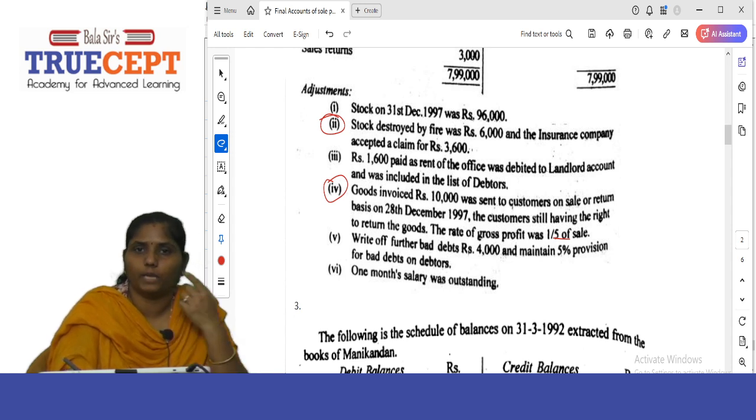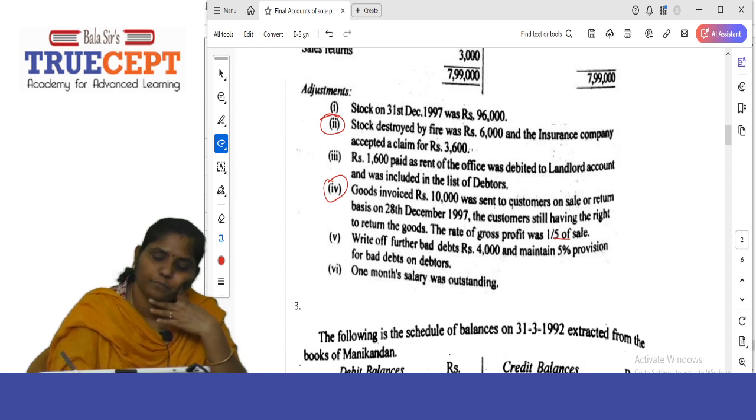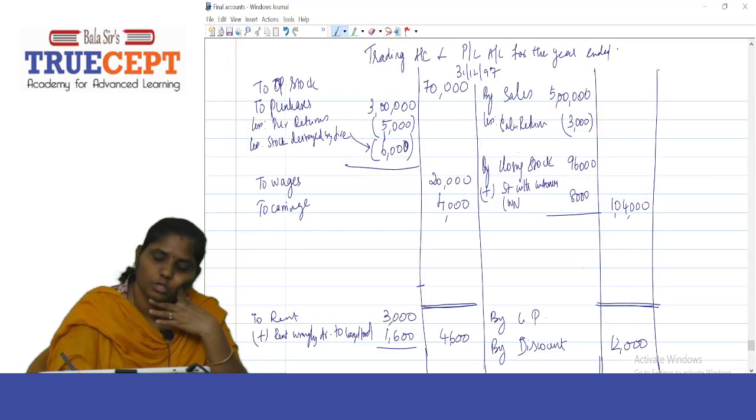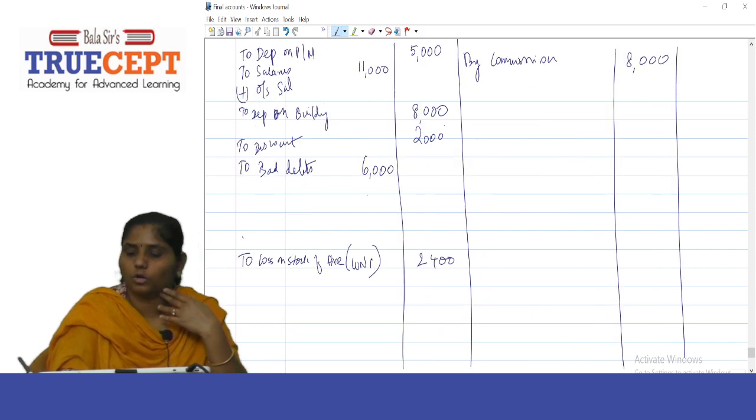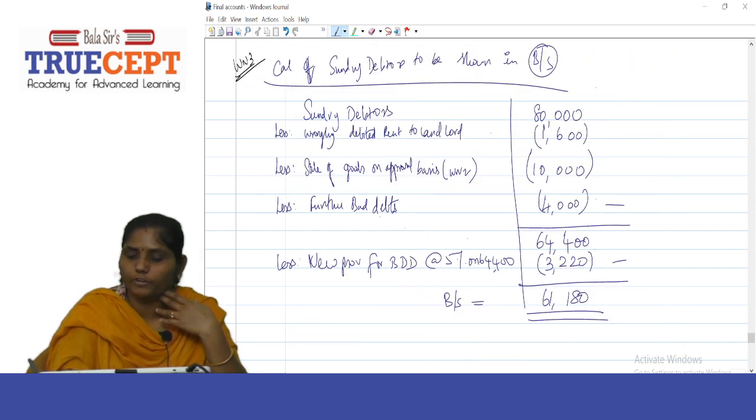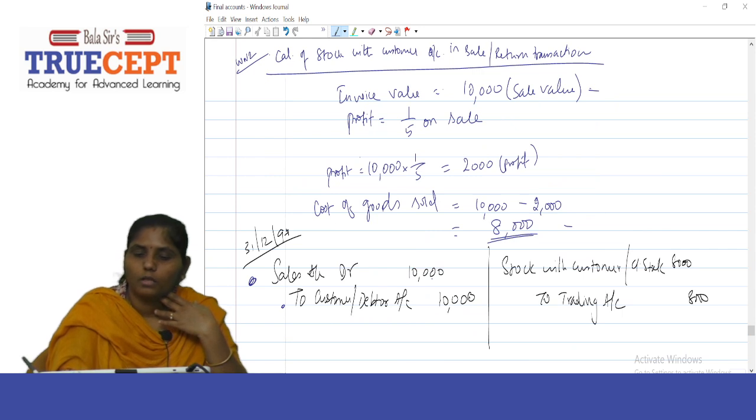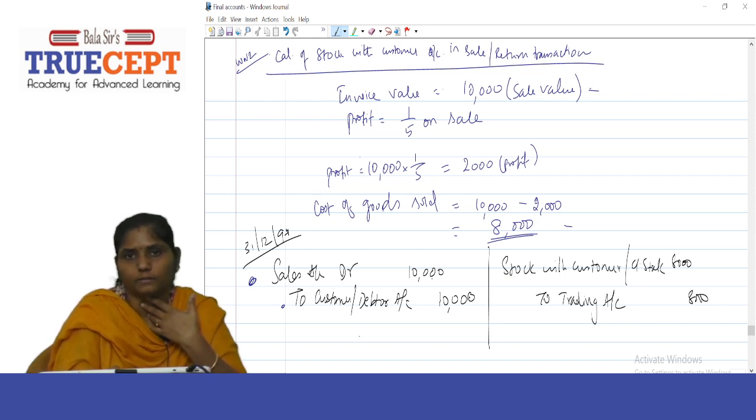Goods sent on approval basis. What am I supposed to do? Working note number 2. So in working note number 2, what have you done? We calculated the invoice price, we calculated the cost price, and also we show in the sales we subtract, in debtors we subtract, right?